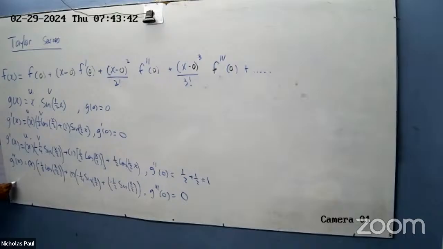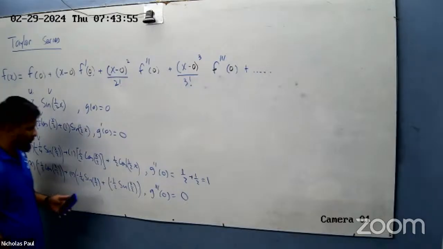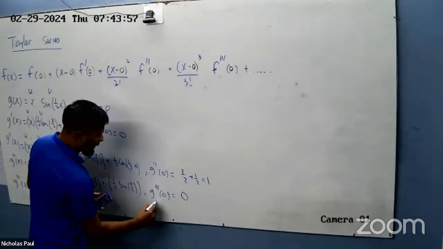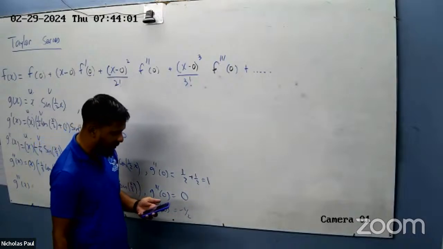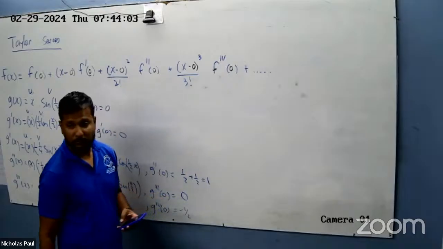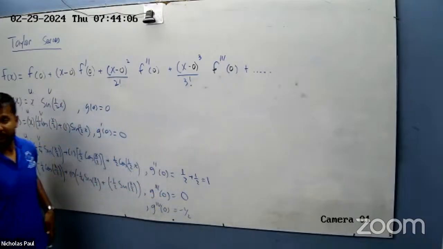And then we have to go to the power of 4. And then we put this, the power of 4 is minus a half. Anybody else get that? Shibara, say yes.